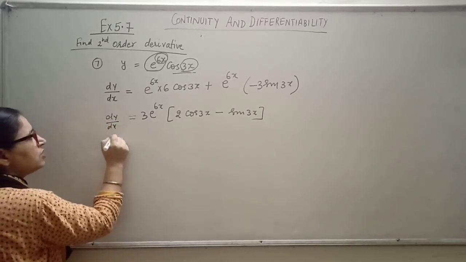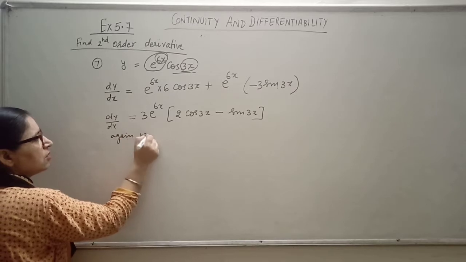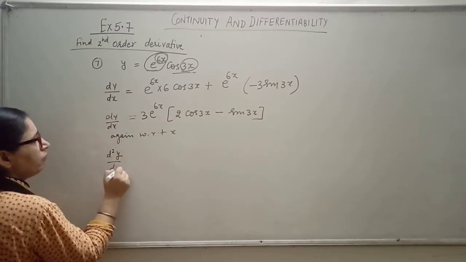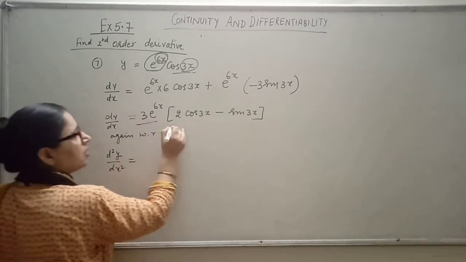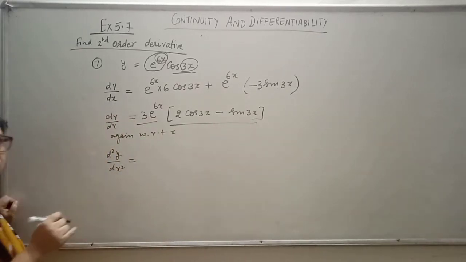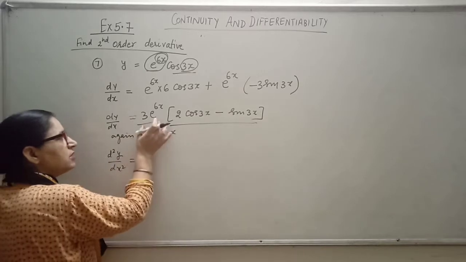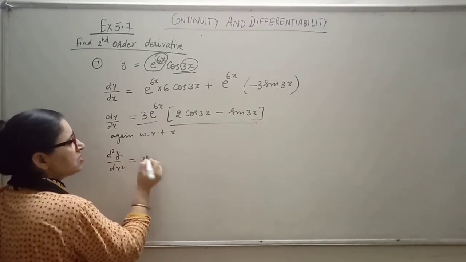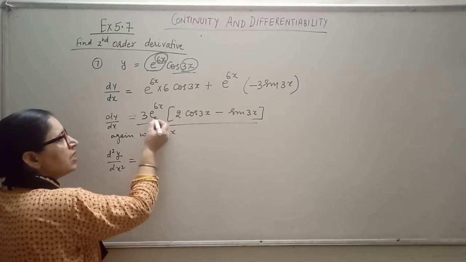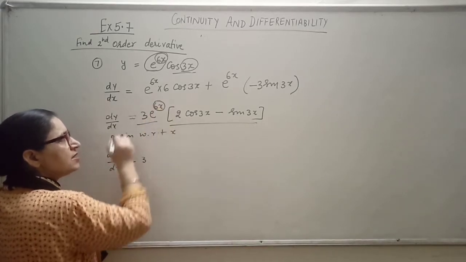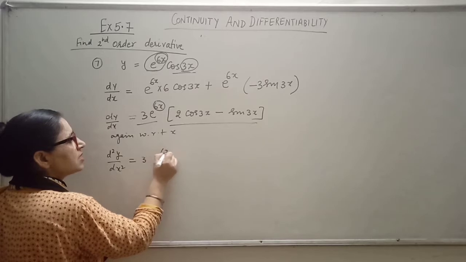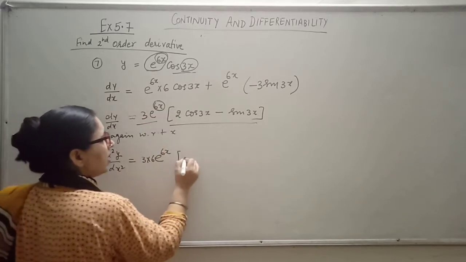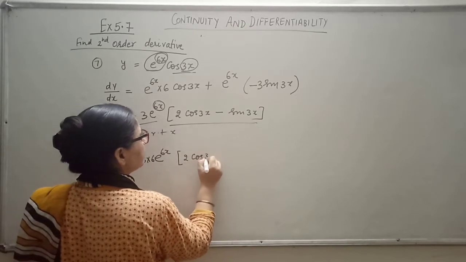Now again differentiating with respect to x to find out the second order derivative. So it becomes, now again there are two expressions in multiplication. So first of all we will find the derivative of this. So what would be the derivative of, because 3 is a constant, it would be written as it is, derivative of this, इसको आप x consider कीजिए, तो e raised to power 6x, and what is the derivative of 6x? That is 6. Okay, now write down it as it is.